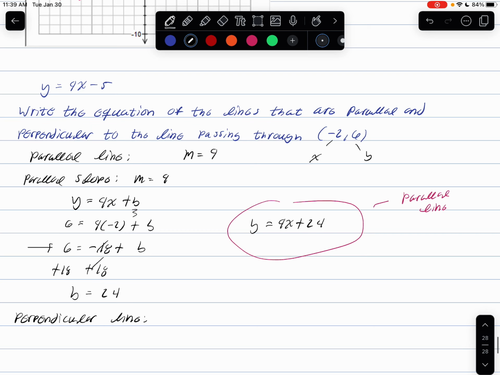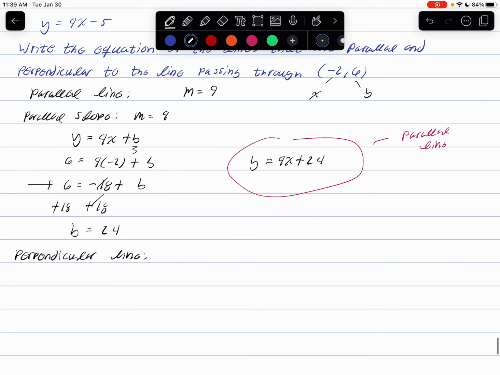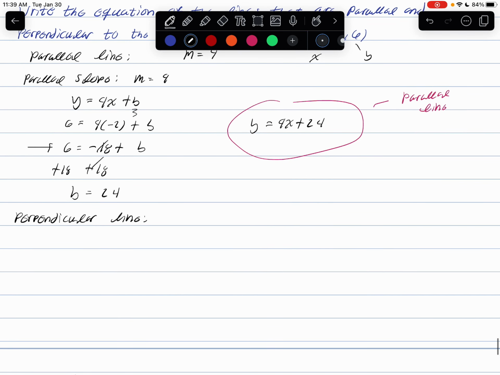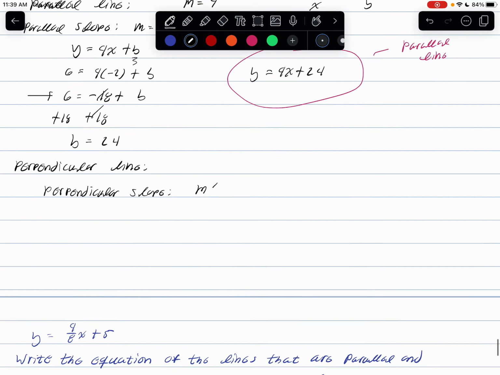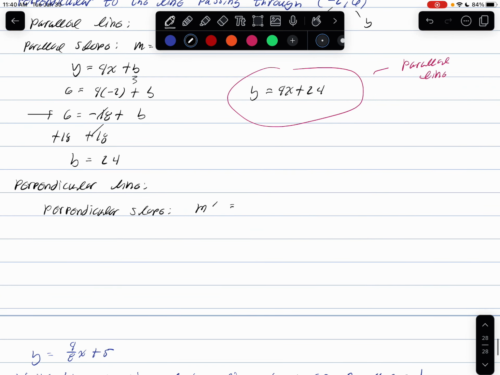Now let's see if we can find our perpendicular line. Our original line is y equals 9x minus 5, and we're trying to find a line that is perpendicular to that line. So our perpendicular slope, we'll call it m prime again, is going to be negative 1 over 9.